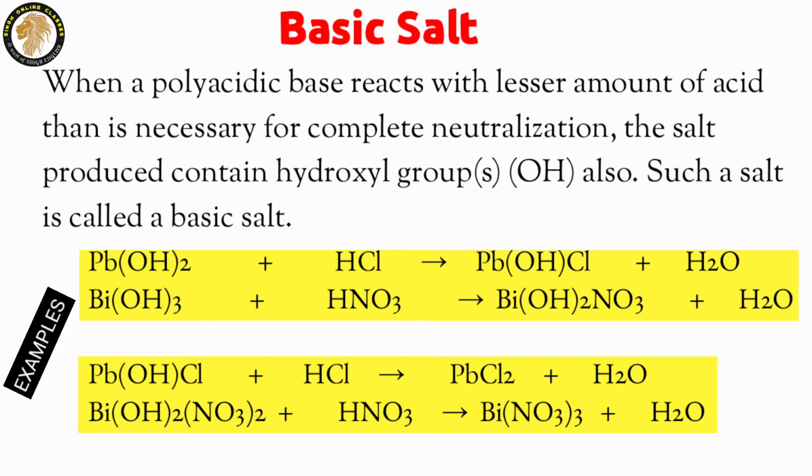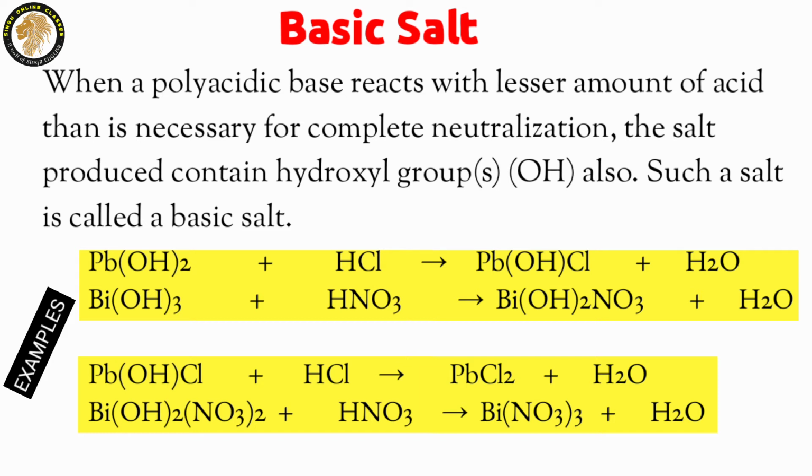These salts are called basic salts because they can further react with the acids to form water molecules and the corresponding salts. Now you can see in these examples how lead oxychloride again reacts with hydrochloric acid. It produces PbCl2, that is lead chloride, along with a water molecule.